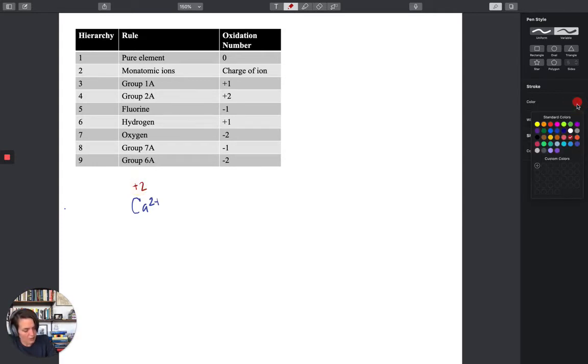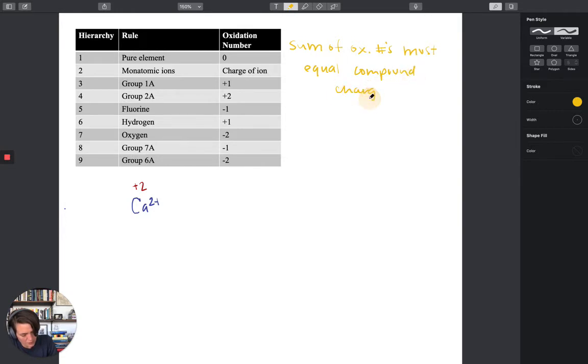This is also following our golden rule, which I will write in gold, that the sum of your oxidation numbers must equal the compound charge. So if our calcium is in its elemental form, its oxidation state is 0.